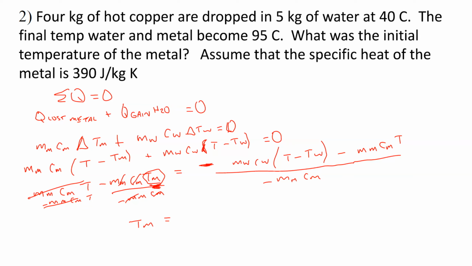The mass of the water was 5 kilograms. The heat capacity of the water is 4186 joules per kilogram degrees Celsius. And the final temperature was 95. Initially it was 40. So that's a difference of 55 degrees Celsius. Over here, remember we factored all those negatives out, so this is positive, positive now. The mass of the metal was 4 kilograms, and the heat capacity is given here to be 390.